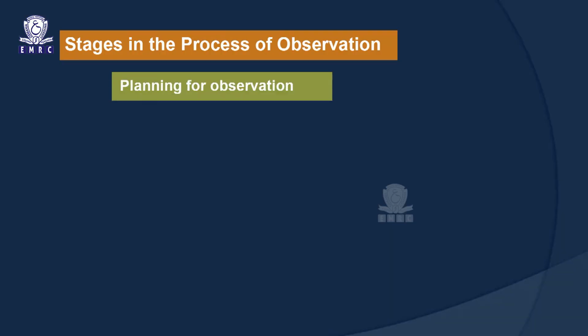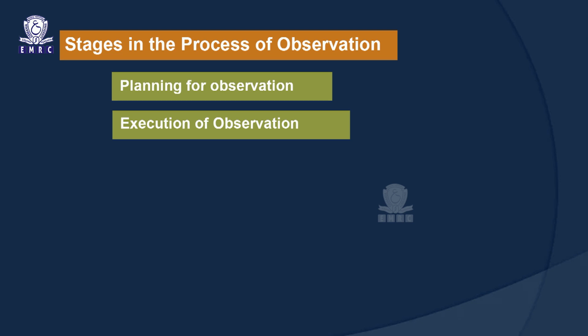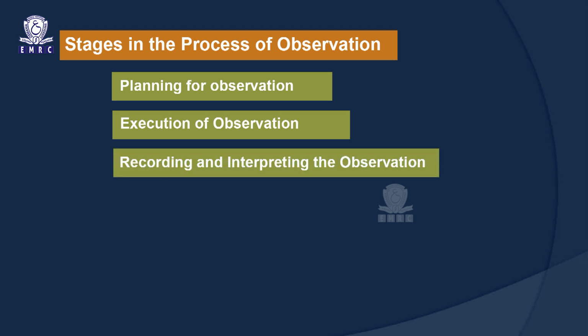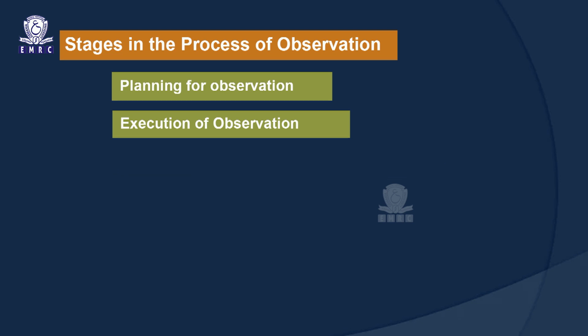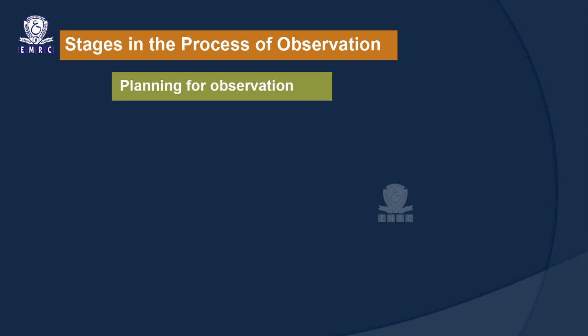Now, we will understand the various stages in the process of observation. As a good research technique, observation needs proper planning, expert execution, and accurate recording and interpretation. The first stage of observation is planning for observation.